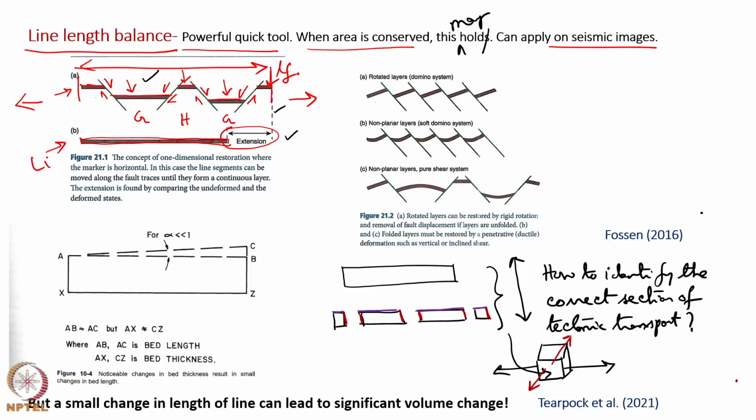The moment we understand the true direction, we need a section perpendicular to the tectonic transport direction. For that, we look at these blocks, which we can call Boudins. There are several geometries of Boudins possible, and here we are dealing with rectangular Boudins.